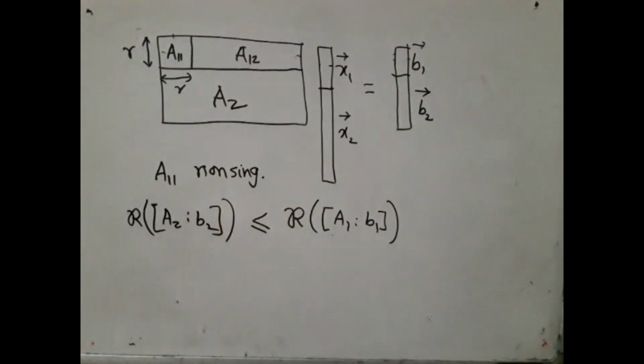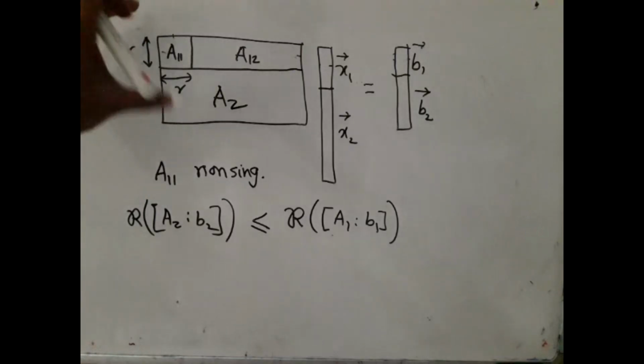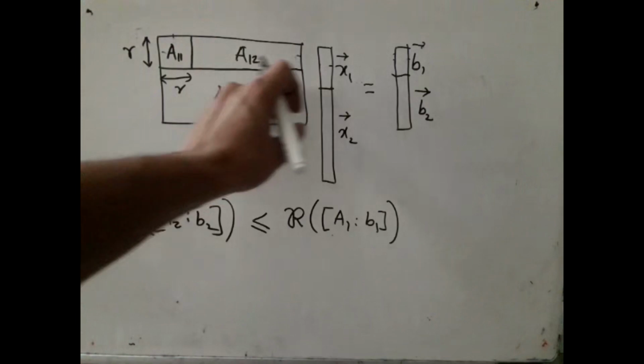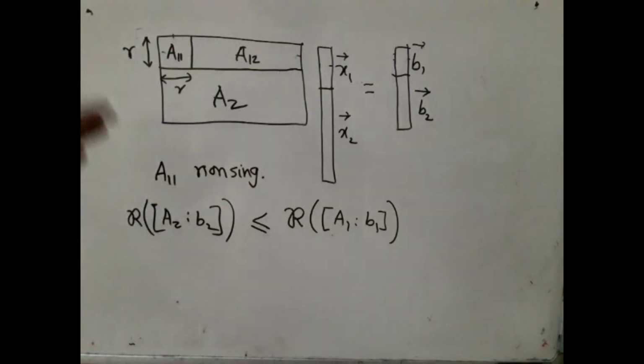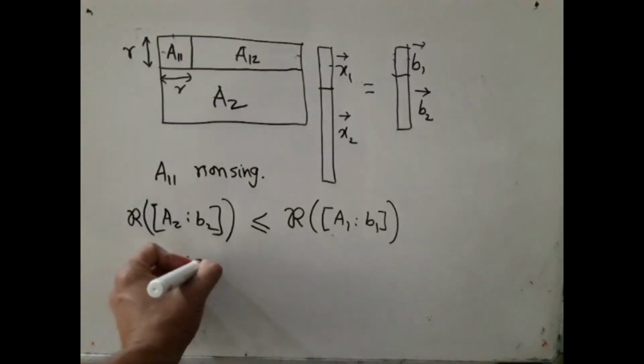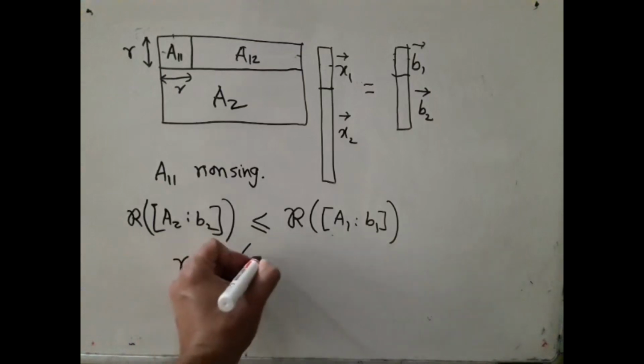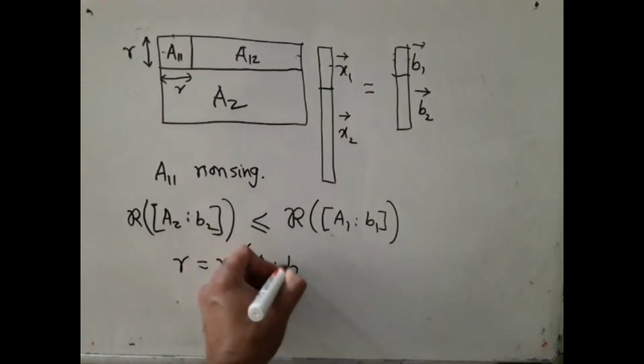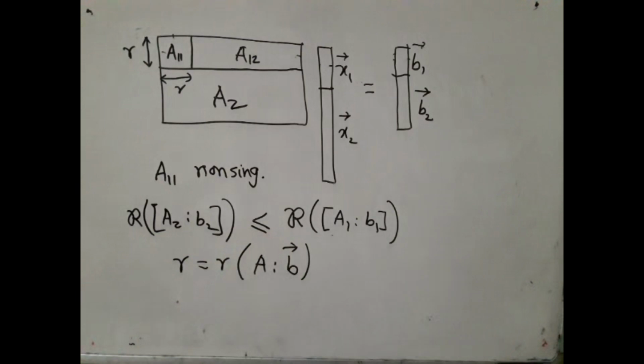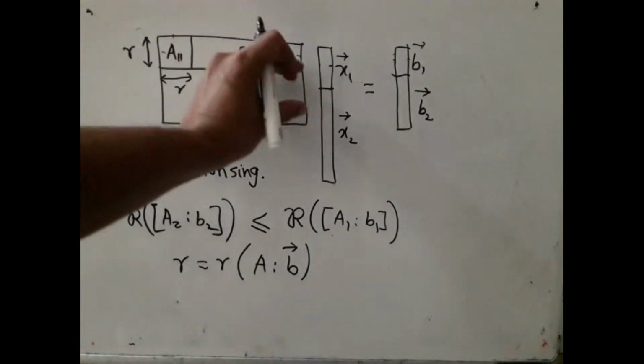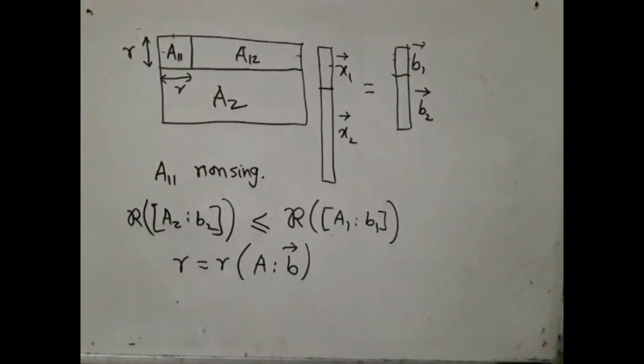And there are various ways of writing it. You might say that the rank of this is R, so since the rank is already R, there cannot be any fresh contribution here. So here R is the rank of A colon B. So these are all equivalent ways of saying that this lower part brings no fresh contribution.